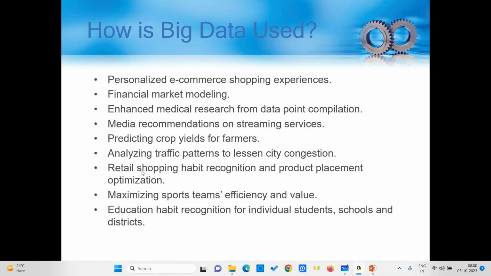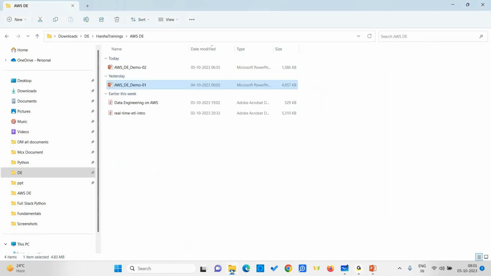And what is the salary range, sir, for a data engineer? See, yesterday I told you about this, when you go and check Glassdoor, in India, minimum 10 lakhs per annum.